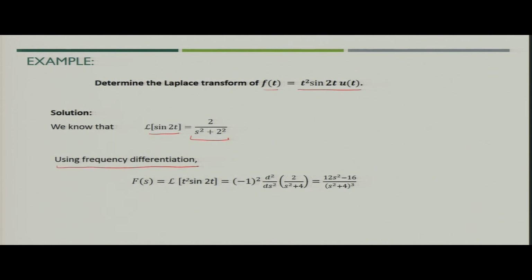You have to use frequency differentiation, because you have a t square term. So, you have to double differentiate this particular term, that is 2 upon s square plus 4, and multiply by minus 1 whole square. When you simplify, you will get the Laplace transform of t square sin 2t, and what we get is 12 s square minus 16 upon s square plus 4 whole cube.